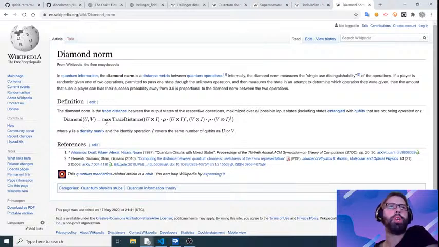In quantum information, the diamond norm is a distance metric between quantum operations. Informally, the diamond norm measures the single-use distinguishability of the operations. If a player is randomly given one of two operators permitted to pass one state through the unknown operator, and then measures the state in an attempt to determine which operation they were given, then the amount that such a player can bias their success probability by from 0.5 is proportional to the diamond norm between the two operators.